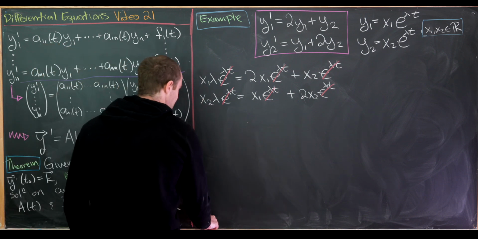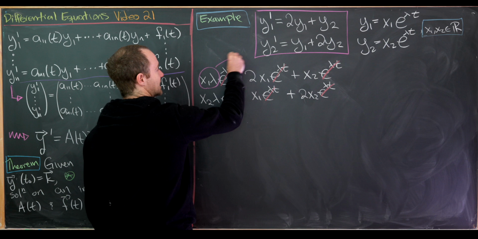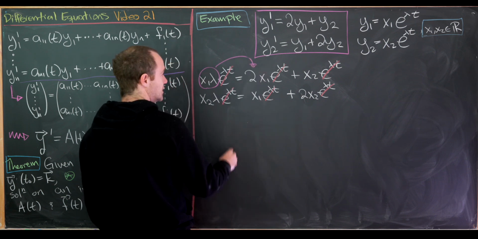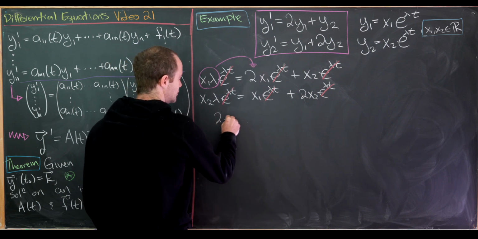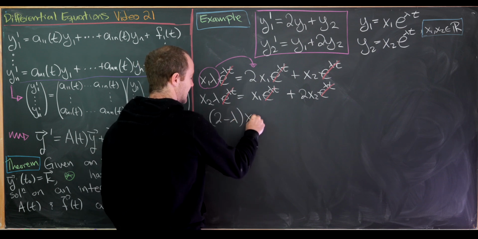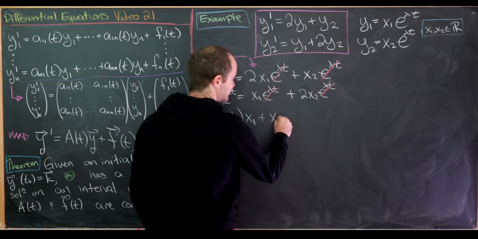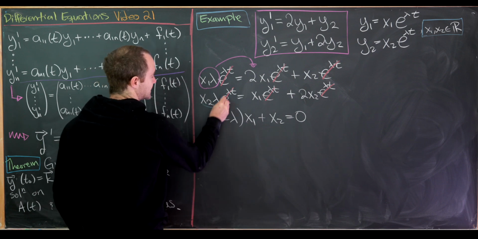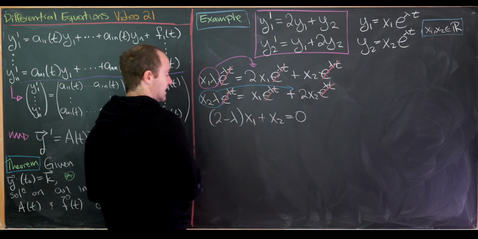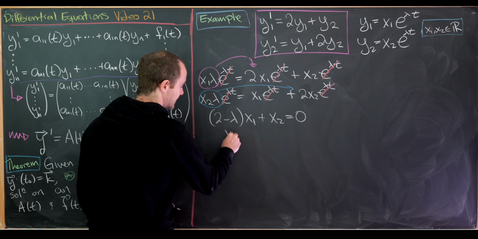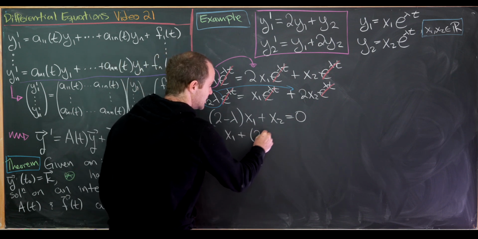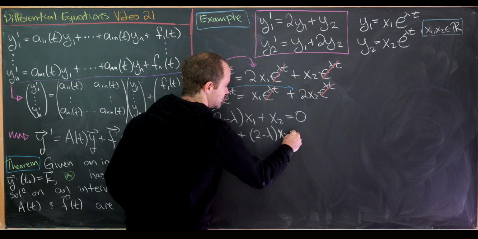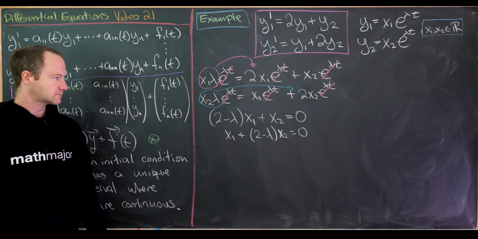Notice moving this x1 times lambda to the other side of the equation will leave us with something like 2 minus lambda times x1 plus x2 is equal to 0. And then likewise, moving this x2 times lambda to the other side of the equation will leave us with something like x1 plus 2 minus lambda times x2 equals 0.